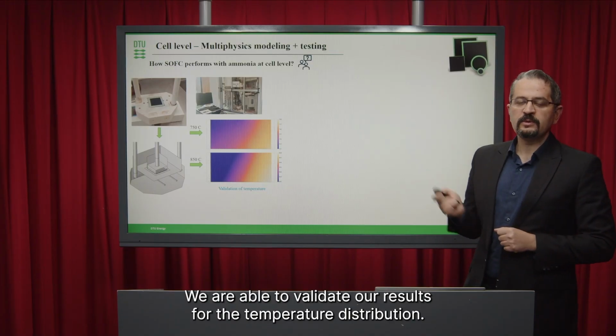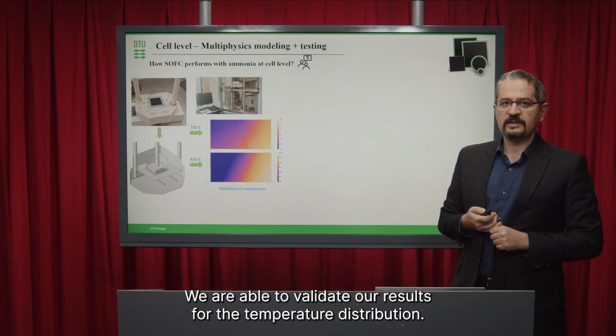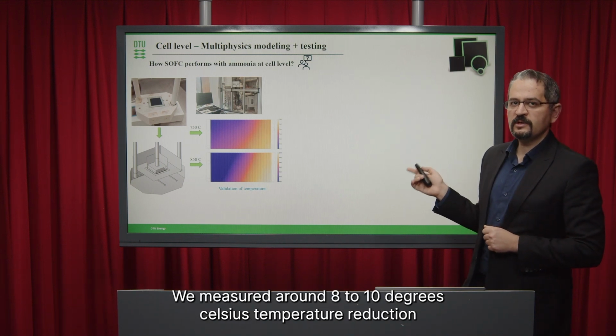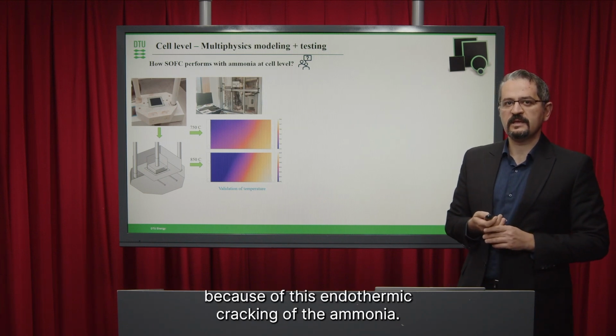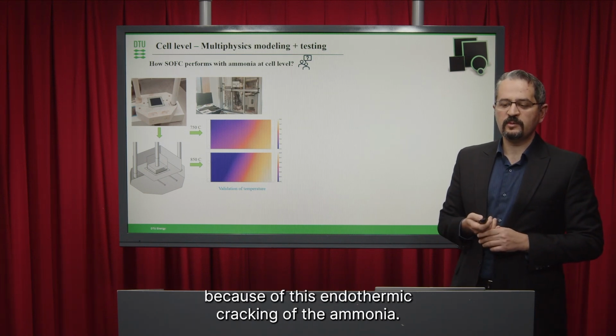We are able to validate our results for the temperature distribution. We measured around 8 to 10 Celsius temperature reduction because of the endothermic cracking of the ammonia.